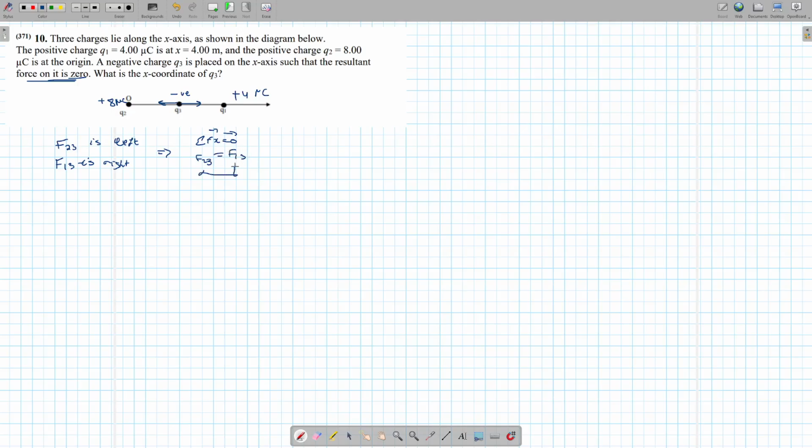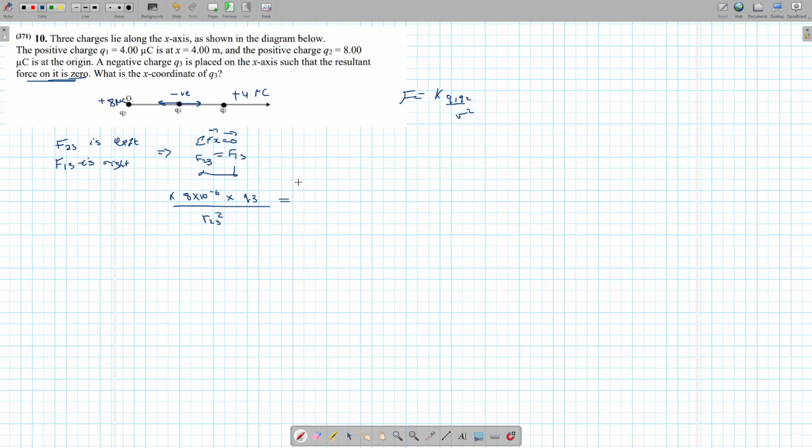And using Coulomb's law, we can figure out what these forces are. Remember, F is equal to k Q1 Q2 over r squared. So F23 is equal to k times 8 microcoulombs, so 8 times 10 to the negative 6, times Q3, which we don't know, over r23 squared, the distance between 2 and 3, squared.